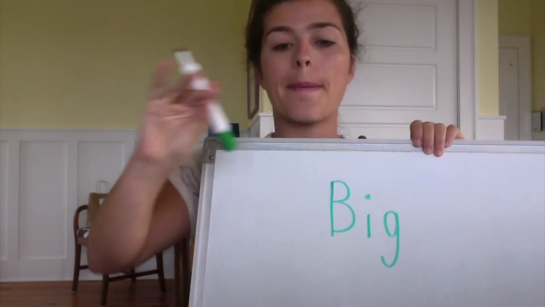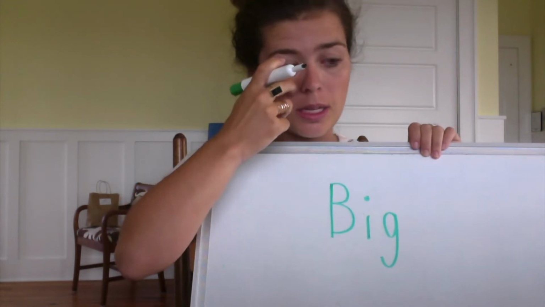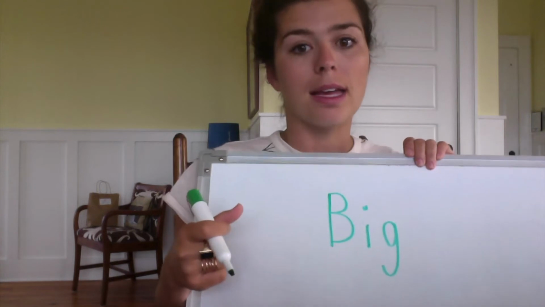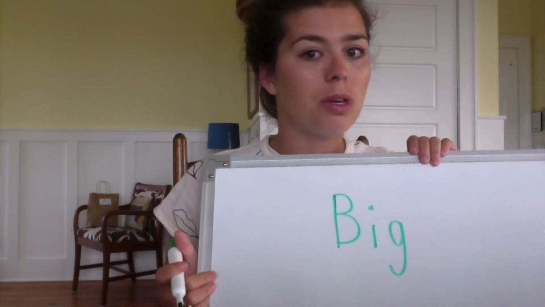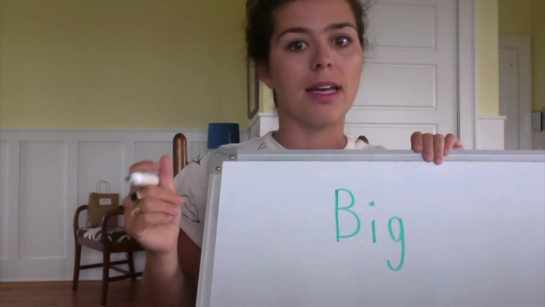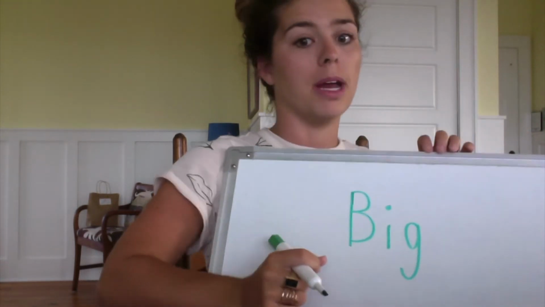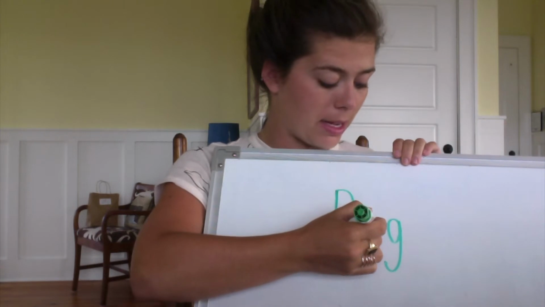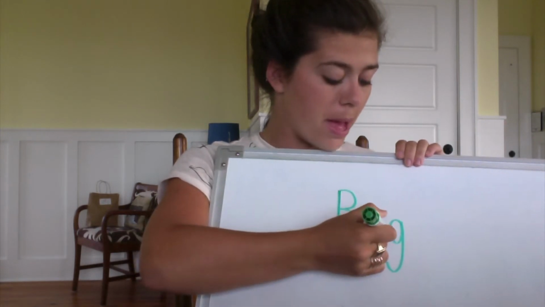Big. Good, friends. Now, I want to go from big to beg. What middle sound do you hear when I say beg? Egg. Like I'm breaking an egg. Think about it. Good. So we went from big to beg.